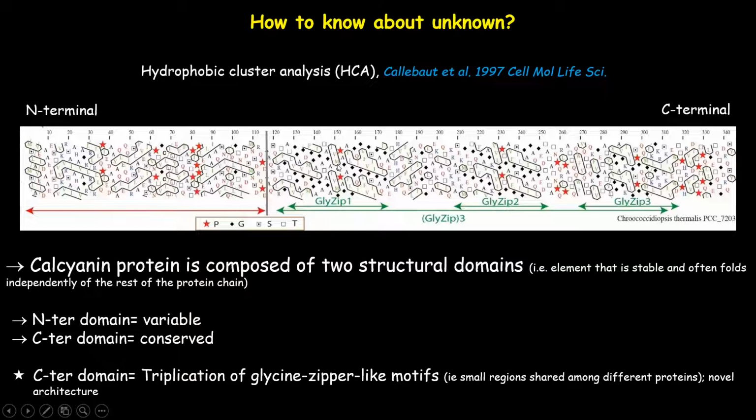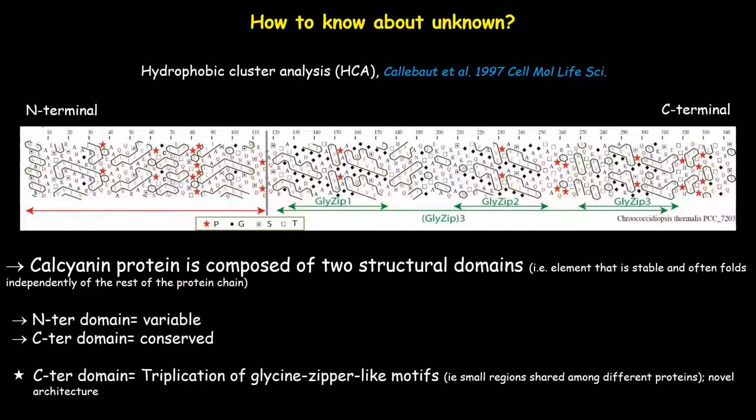First of all, there are some structural motifs here, like this one, which is repeated a second time and a third time. So that whole stretch is a triplication of one single motif with some variation, of course, but basically they look relatively similar.